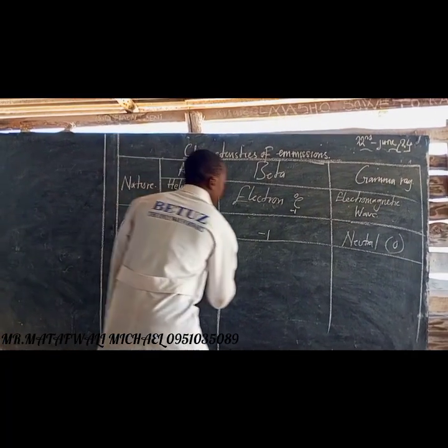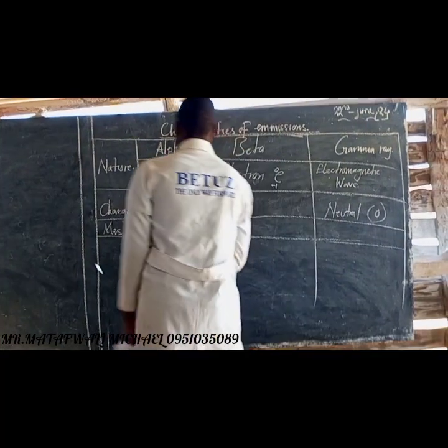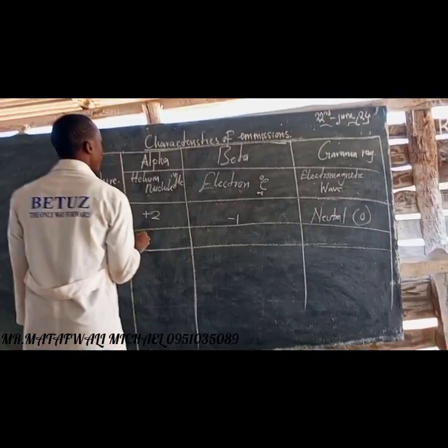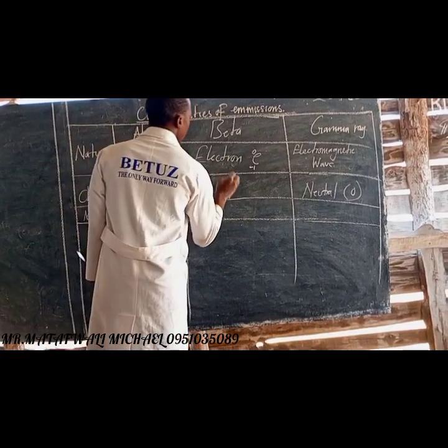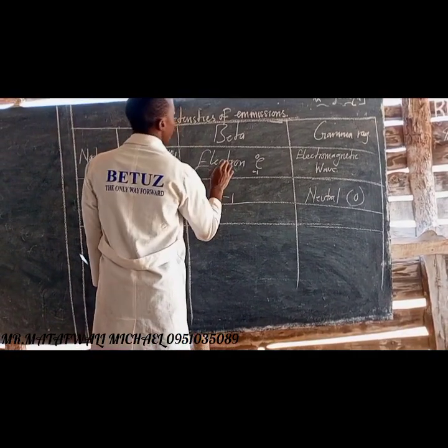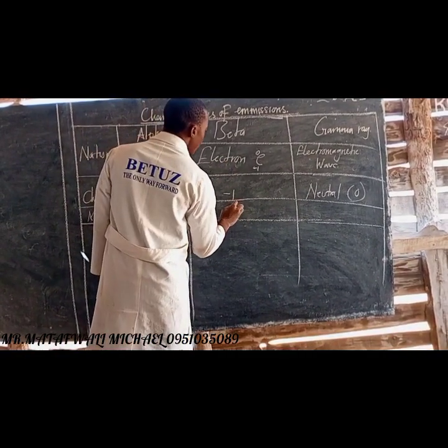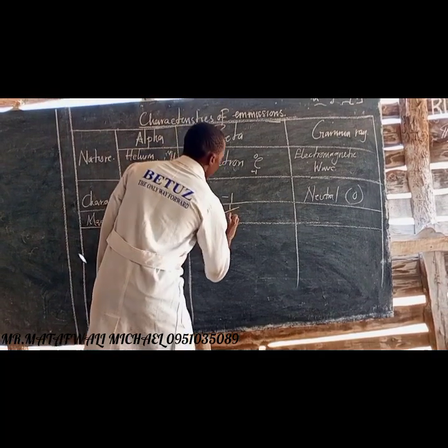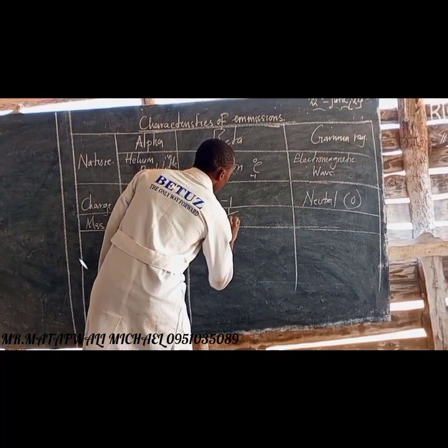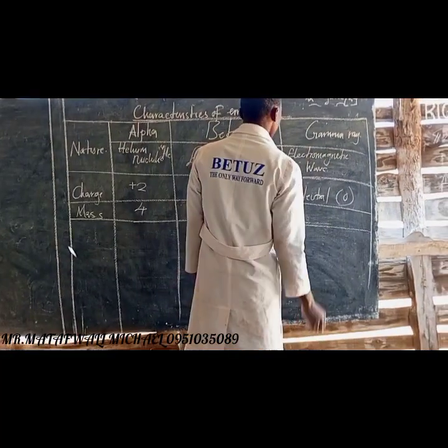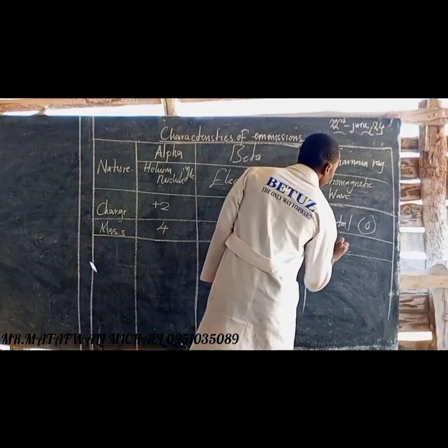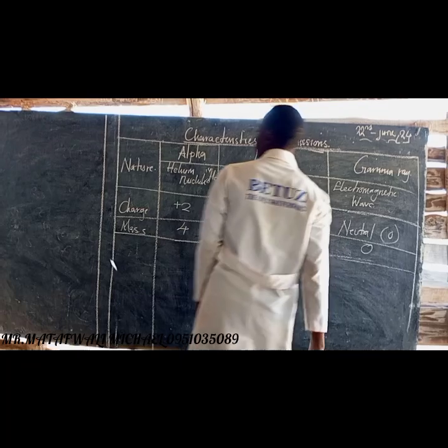What is the mass of an alpha particle? An alpha particle has mass of 4. A beta particle, since it is an electron, has the mass of an electron, which is 1/1800. Then a gamma ray has no mass, so we are going to write 0.